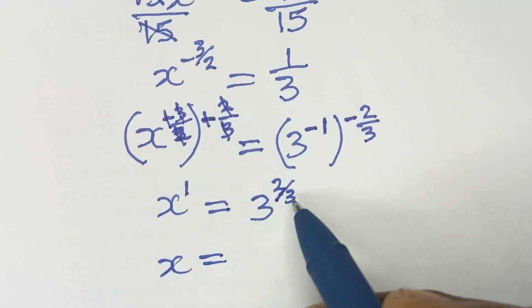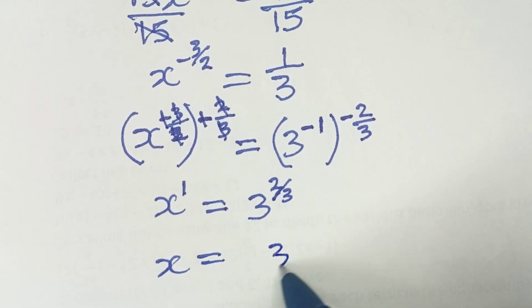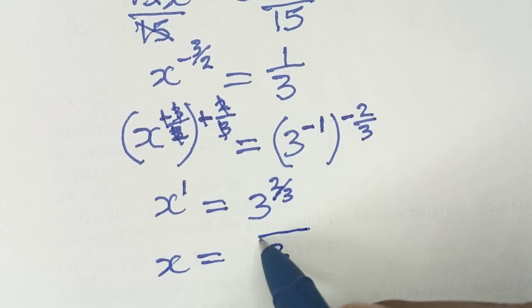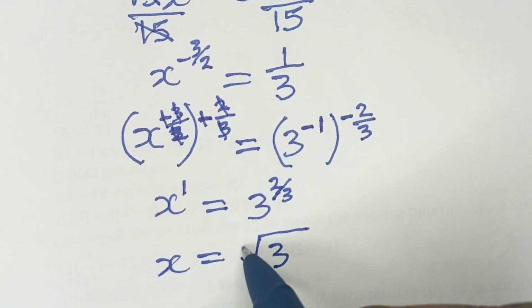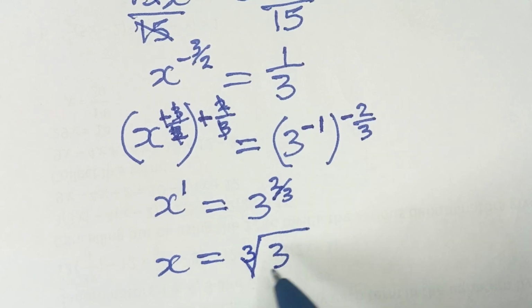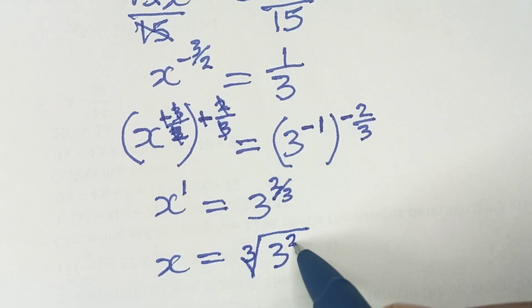now when you want to express this in roots form, it's going to be 3, and then the root will be that of the denominator here. So it's going to be the third root. Because of the denominator here, it's going to be the third root of 3, which is the original value. Then all raised to the power of the numerator that we have there, which is 2.